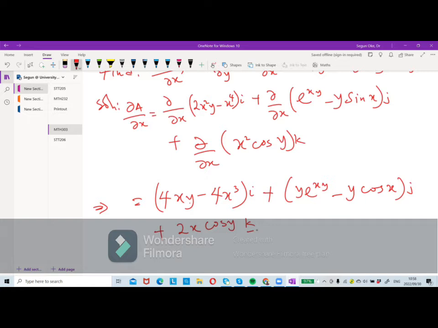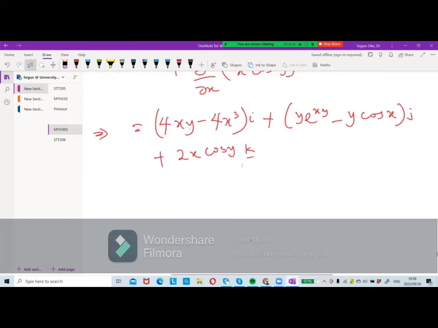So then let's move on for the y. So we will not differentiate that cos y because it has a y. Exactly. Because it has y, you treat them as a constant.